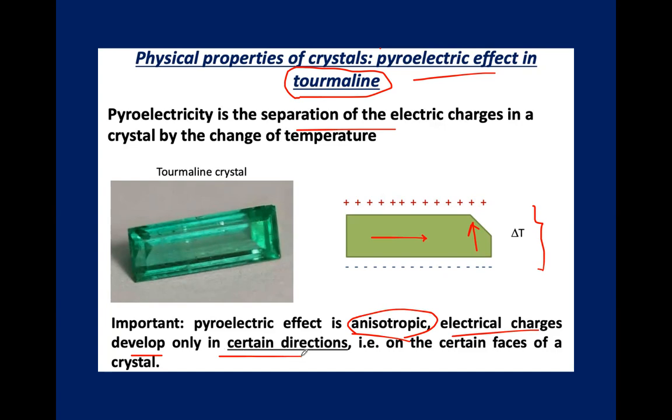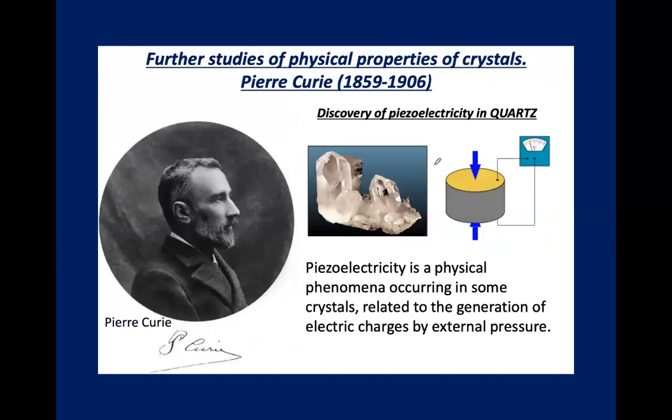Certain faces of the crystal have these different effects on the movement of electrical charges. Therefore you observe a heterogeneous distribution of electric current as a result of this temperature dependence. That is called the pyroelectric effect, which is common for some crystals.